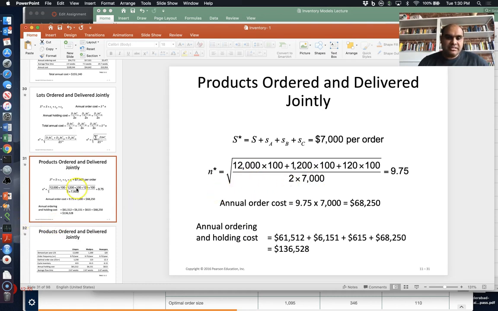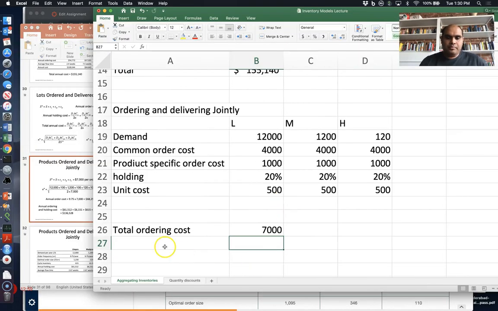So let's calculate N star, or number of orders.